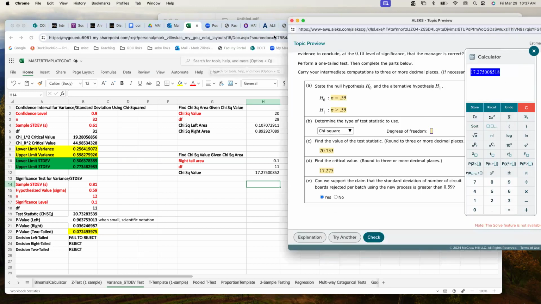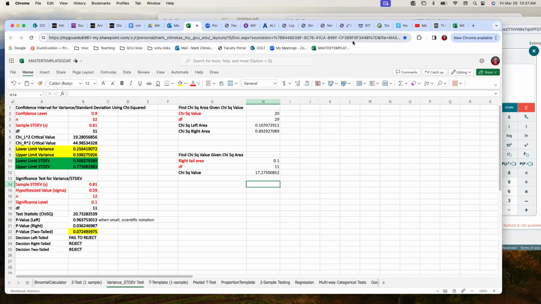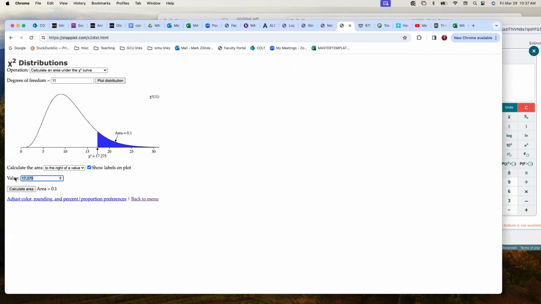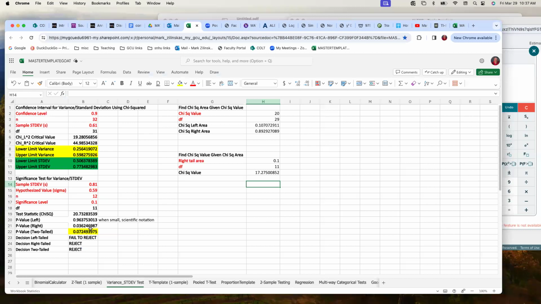We'll do that just for fun because we're already here. So I went to the wrong one here. Let me just make sure we get the right chi-squared statistic. It is 20.733. So if I change this to 20.733, you can see there's that 0.0362, which is the same as what we had here.